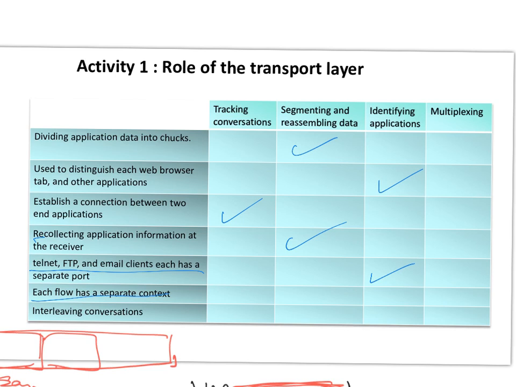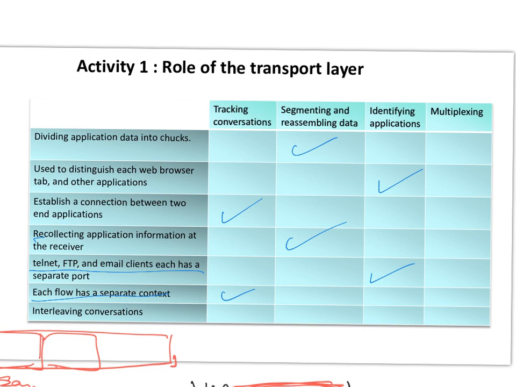So it talks about the ports? I mean, flow means a stream of segments going from one point to another point. That's what flow means. This flow represents a conversation between two endpoints. Clear? The word flow is a conversation which is represented by a stream of segments which go from one point to another.